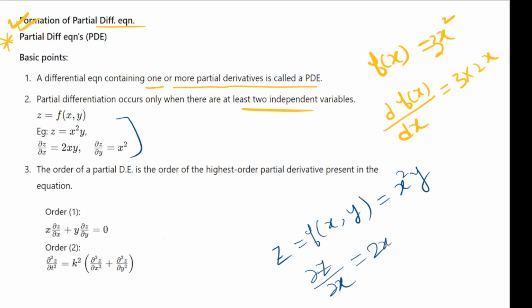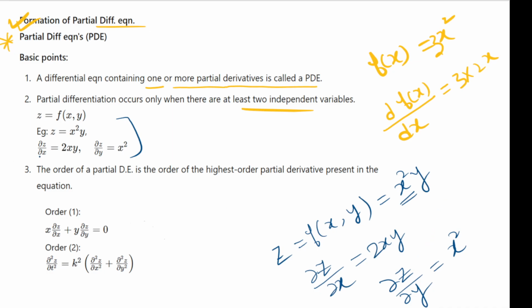So it will become 2xy, as I have only differentiated x square, and y remains as it is. And if I differentiate the equation with respect to y, I end up getting simply x square, because the differentiation of y with respect to y is simply 1.